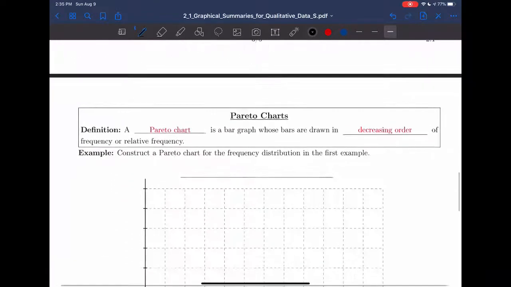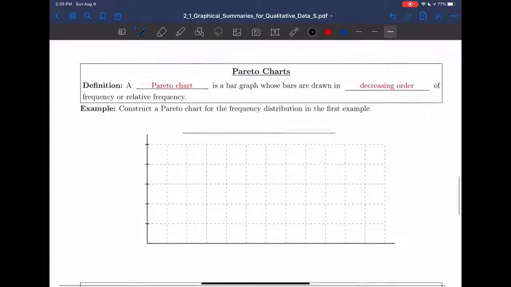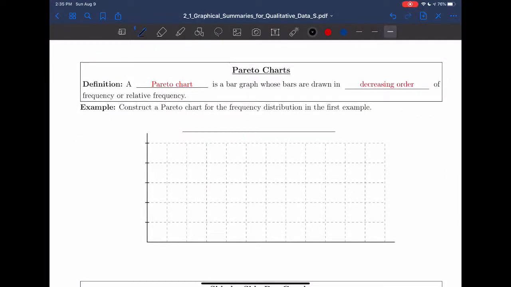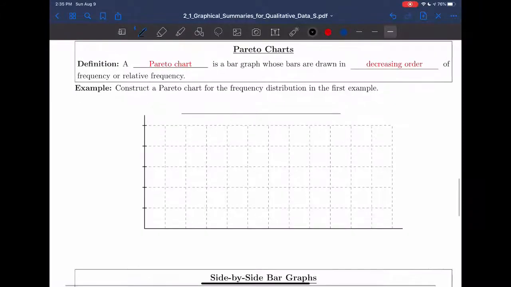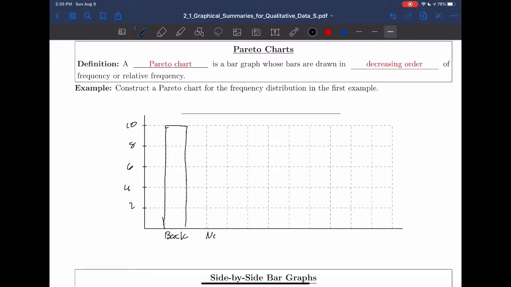So next we're going to talk about the Pareto chart, which is basically the same idea. We're just rearranging our bars in decreasing order. So on our axis, we're going to write 2, 4, 6, 8, 10. We know that back was the biggest out of all of them, so that'll go first, followed by neck, which was 6, followed by knee, and ankle, wrist, and hip.